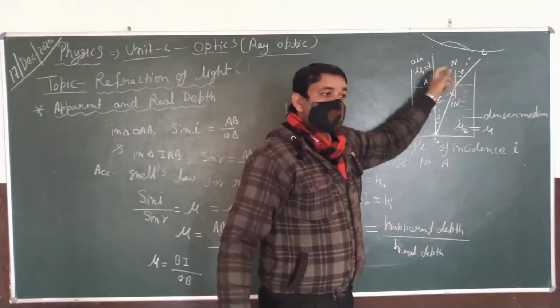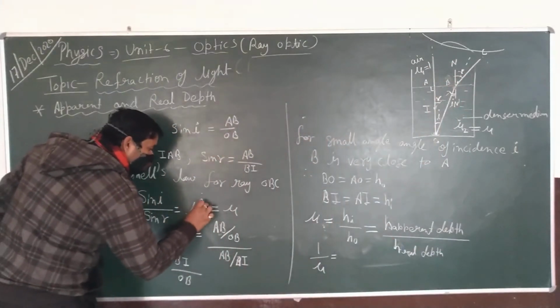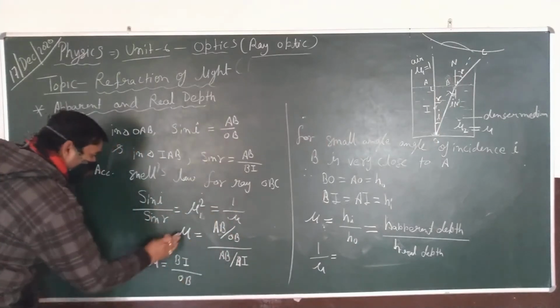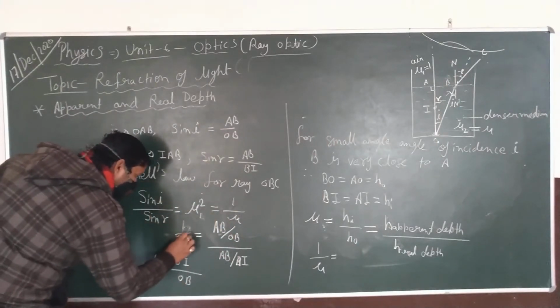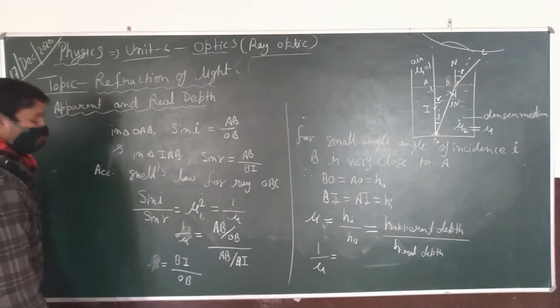What medium is responsible for reflection? So we are using here 1 is to 2. This result we get 1 upon mu. So this is also 1 upon mu.